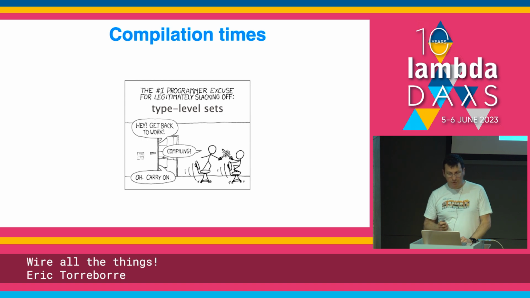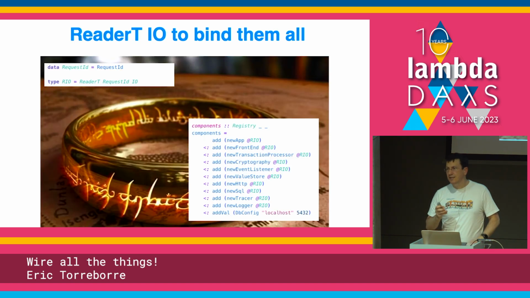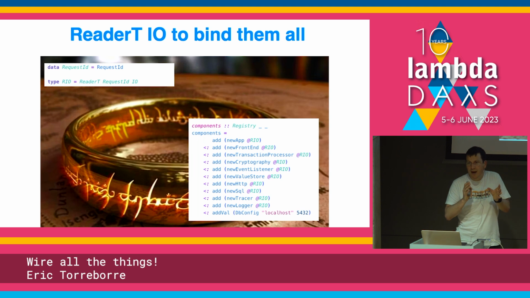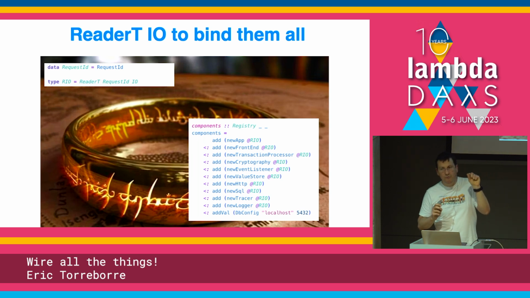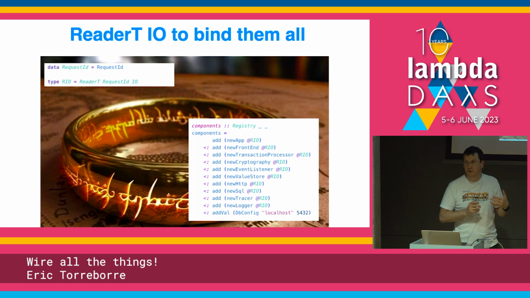And finally, the last point is that you still need some form of effect. That does not solve everything. And in particular, in any production application, you might need to be able to thread through some kind of context. For example, a request ID. So if you want to be able to trace user requests, that cannot be implemented by one single component.